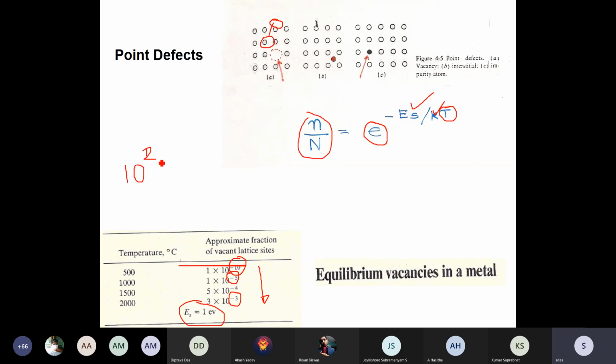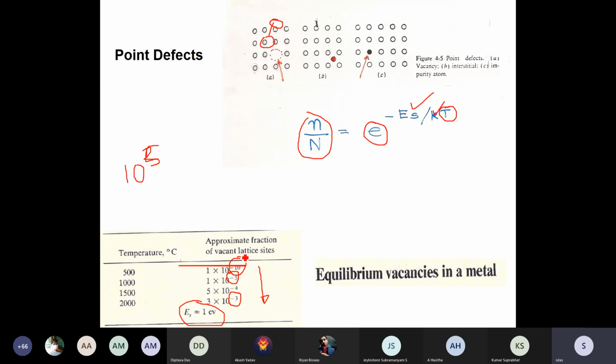You put 2 here, it's called 2 orders of magnitude. You put 5 here, it is called 5 orders of magnitude. So there is a change of 5 orders of magnitude with the change in temperature from 500 to 1000 degrees Celsius, 10 to the power minus 10 to 10 to the power minus 5.